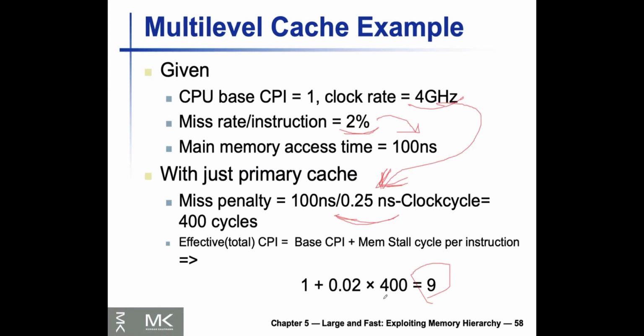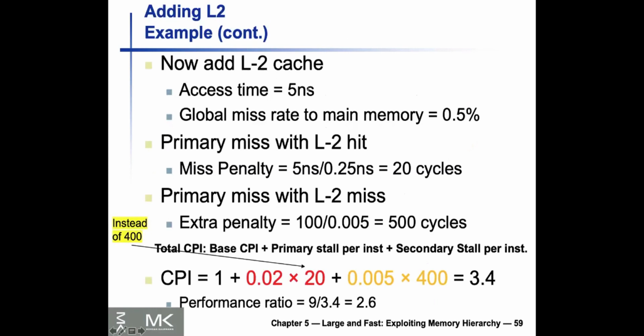So we thought, okay, let's add another cache in the middle of these two, because we are missing 2%. Let's lower it even more, because some of those misses might get hit by L2. L2, instead of 100 nanoseconds, has only 5 nanoseconds, so around 20 times faster than memory. So you can compute the amount of cycles you're paying. It's going to be 20 cycles.